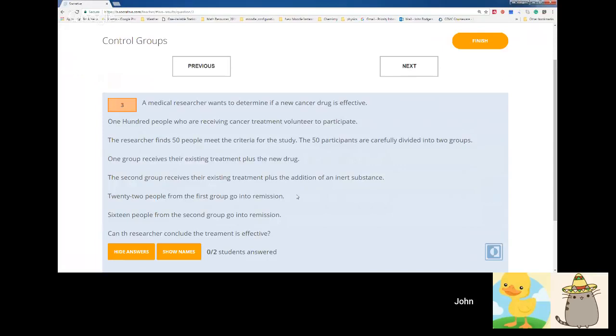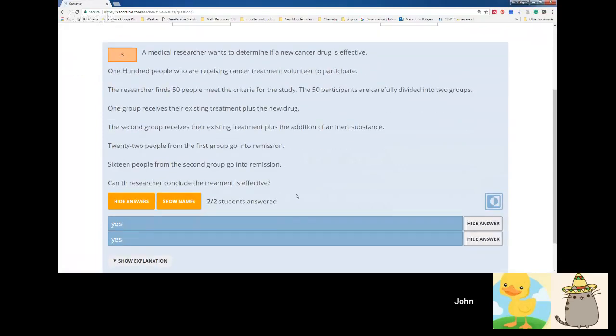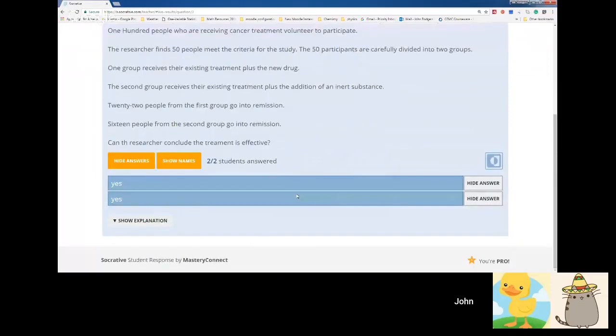The researcher does the experiment. 22 people from the first group, in other words the experimental group, go into remission. So 22 people are cured. 16 people from the second group go into remission. Can the researcher really say that the treatment is effective? Everybody's saying yes.